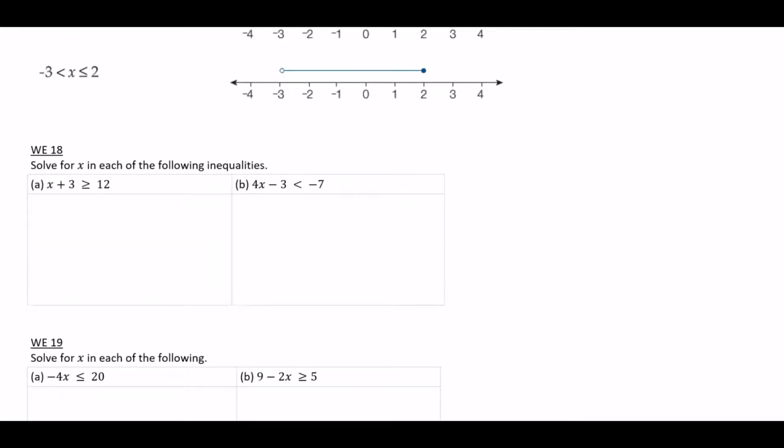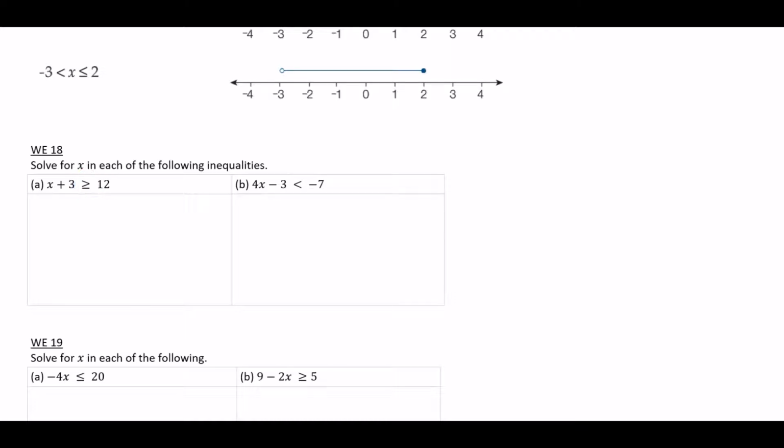Solving these inequalities is the exact same way that you normally solve equations, where you move things around from side to side and follow those rules. The only difference is that if we multiply both sides by -1, then our inequality sign is going to flip, and we'll see an example of that shortly.